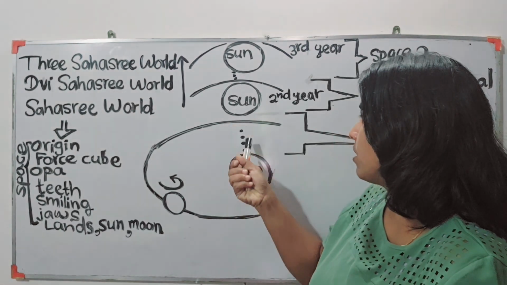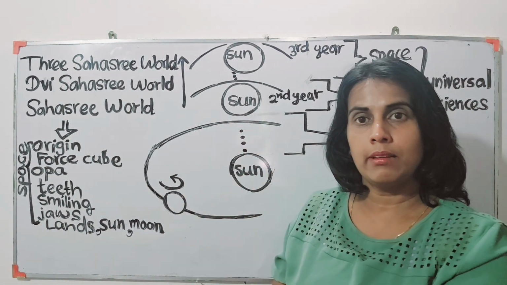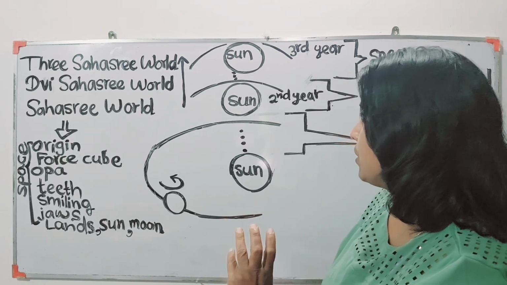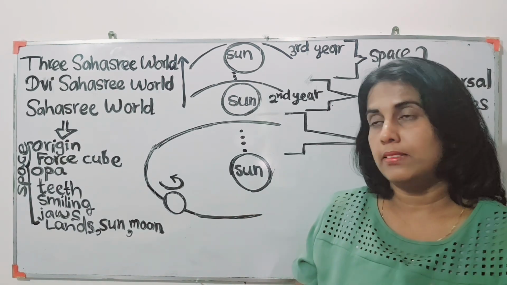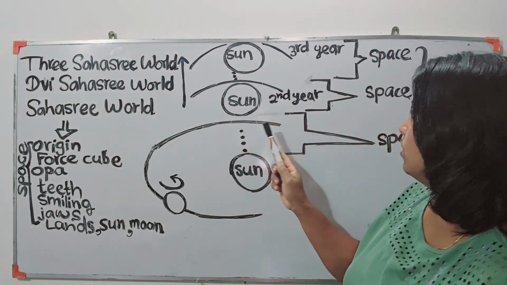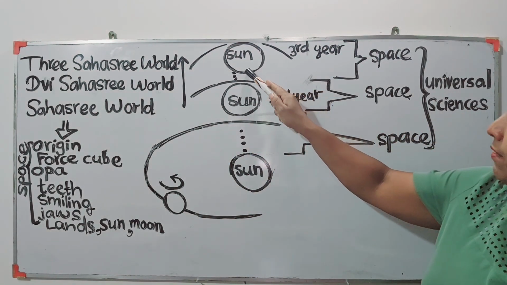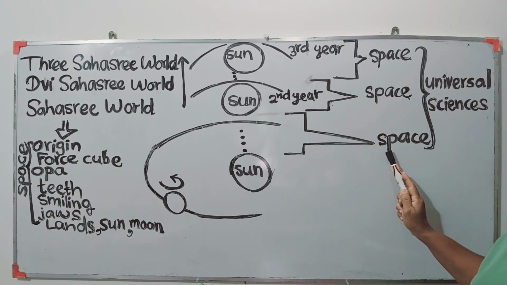Light also doesn't travel from our sun to the next sun above it, but there is an infinite space acting between those two. So between every two suns there is a space, right?